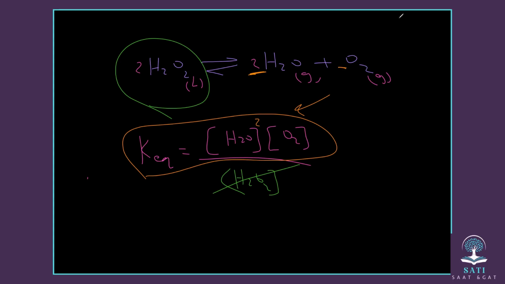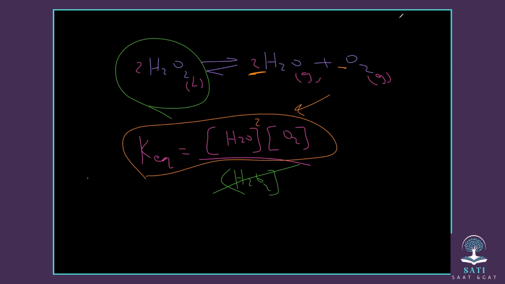Okay, now we're going to talk about another point. If we have a reaction in a system that is at equilibrium, the question now is: are there factors that affect this equilibrium state or not?